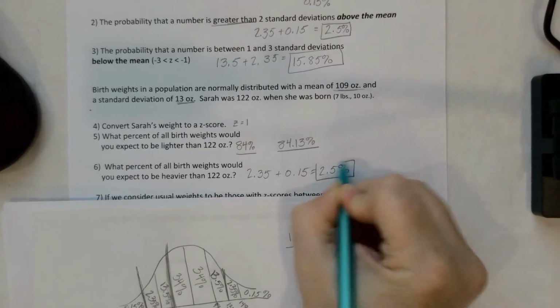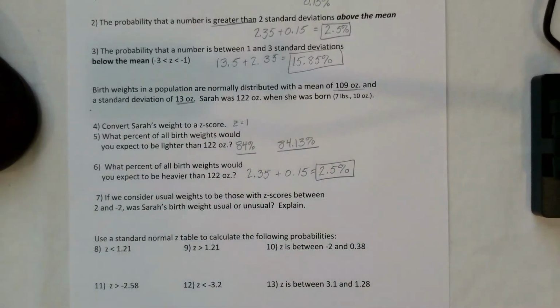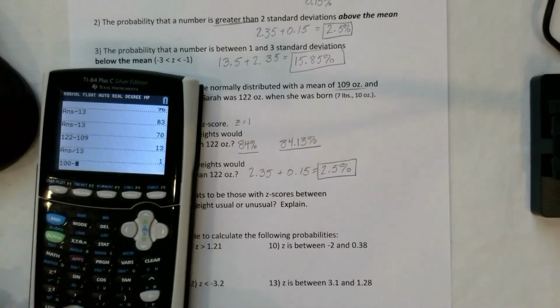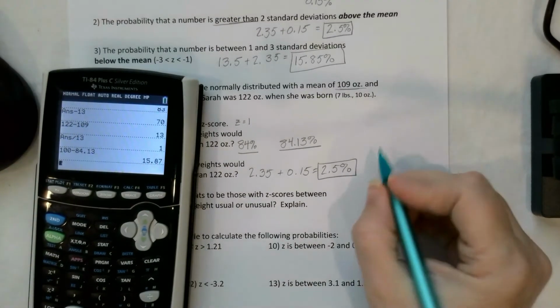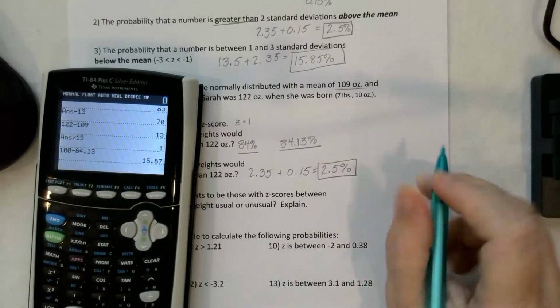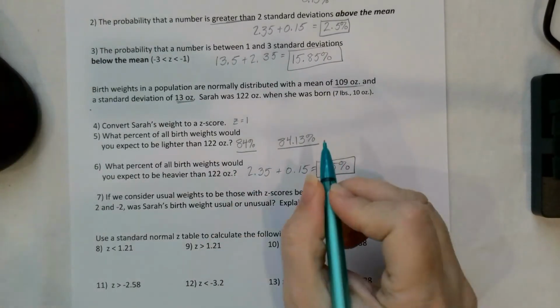That's what you get if you use the 84% off the bell curve. If you use the z-score, you would do 100% minus 84.13, and that, hang on, I did something wrong. Oh, I forgot to add, sorry, it's 13.5 plus 2.35 plus 0.15.